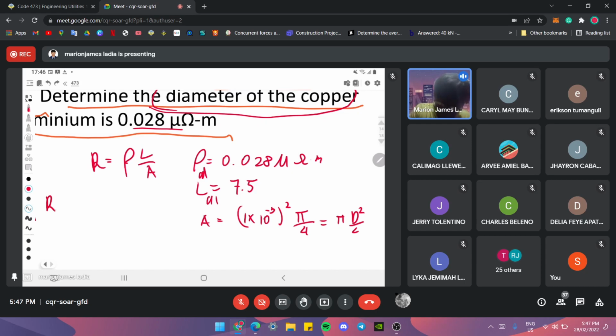So, yung R ko is equal to 0.028 multiplied by 10 raised to negative 6. So, hindi ko na muna ilalagay itong mga to, no? Kasi meron naman na. So, multiplied by my L, which is equal to 7.5 meter, divided by 1 multiplied by 10 raised to negative 3 squared by pi over 4.